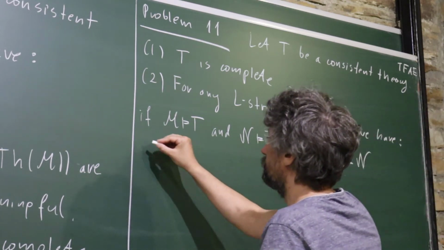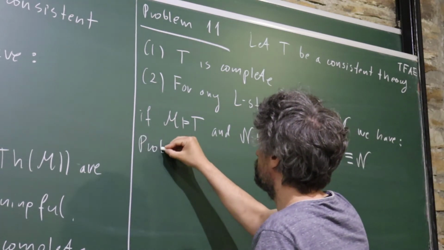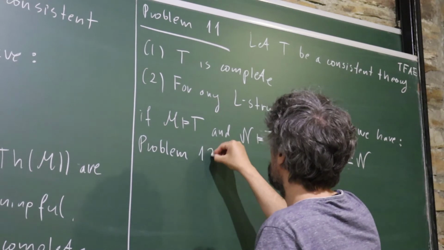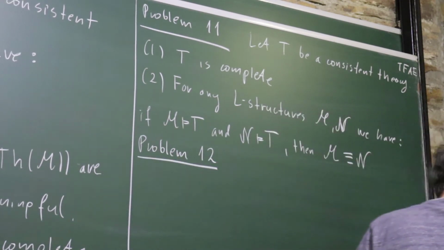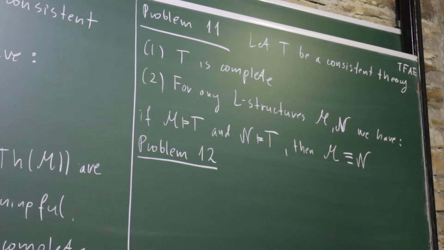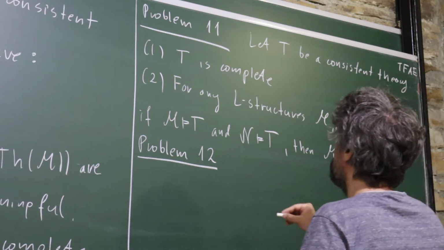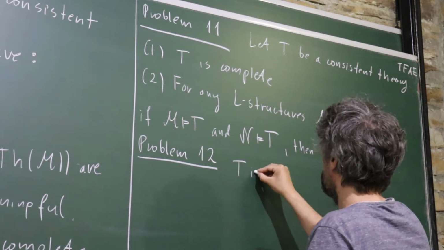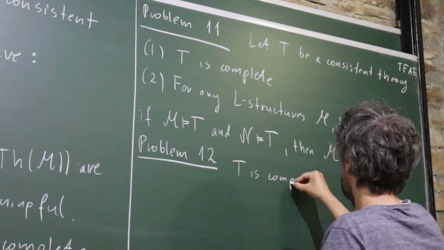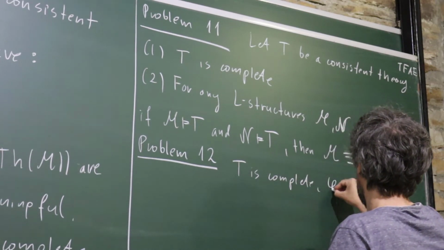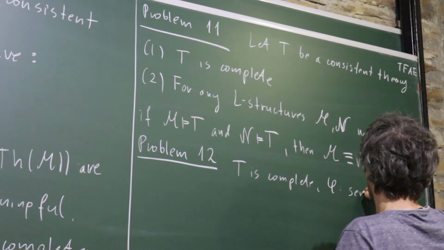Okay, and one more problem about complete theories. So now assume that T is complete. Phi is a sentence.